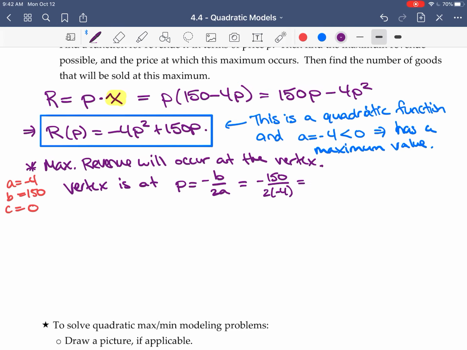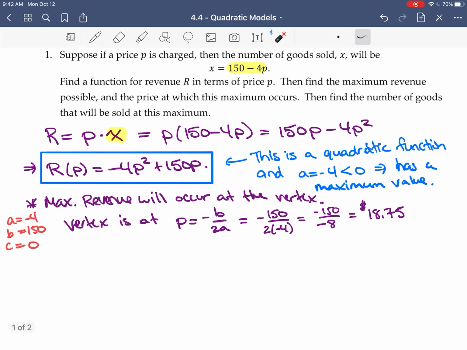That's negative 150 over negative 8, which simplifies to 18.75. Now this is the price, the P, so this should be in dollars. The maximum revenue occurs when the price is that, but we actually want to find the maximum revenue. We just found the price at which it occurs, but we want to find the maximum revenue.